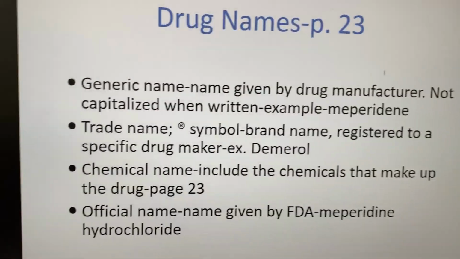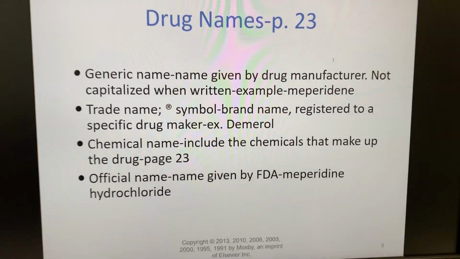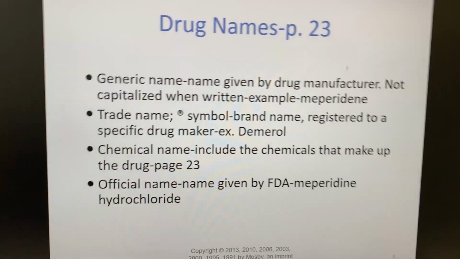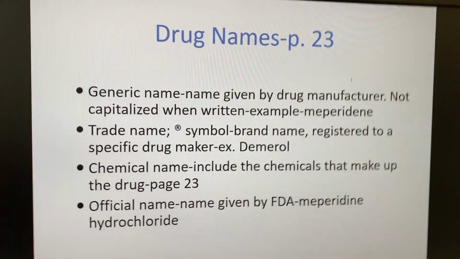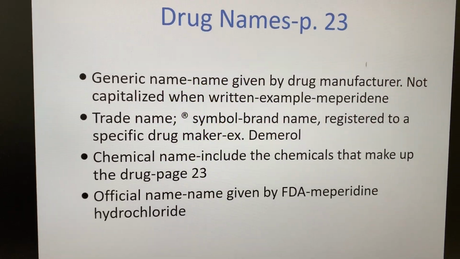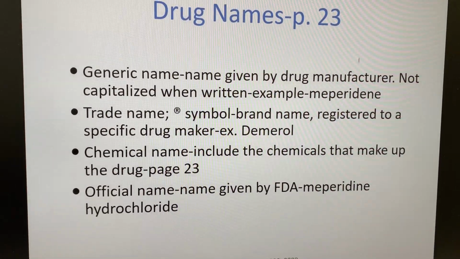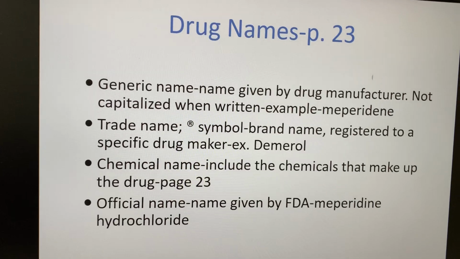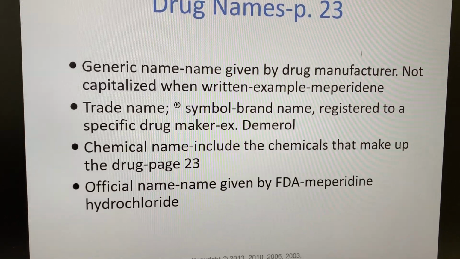Let's start on page 23 talking about drug names. Every drug, every medication, and when we say medication, we specifically are referring to something that has been okayed by the FDA as a treatment that is both safe and effective.